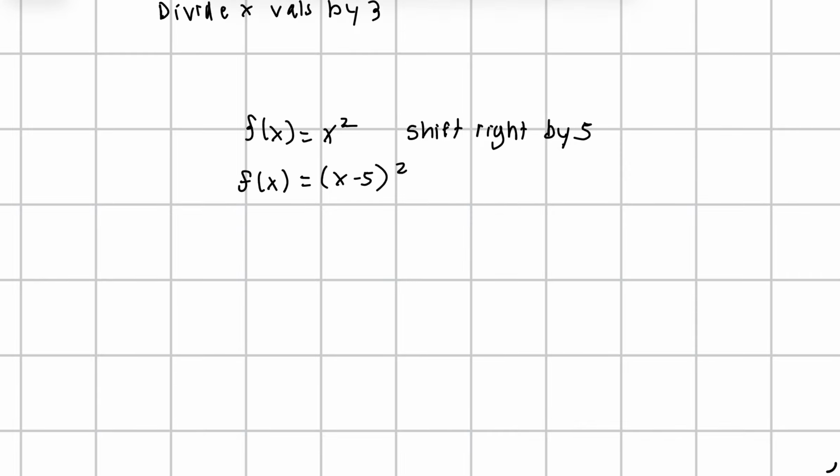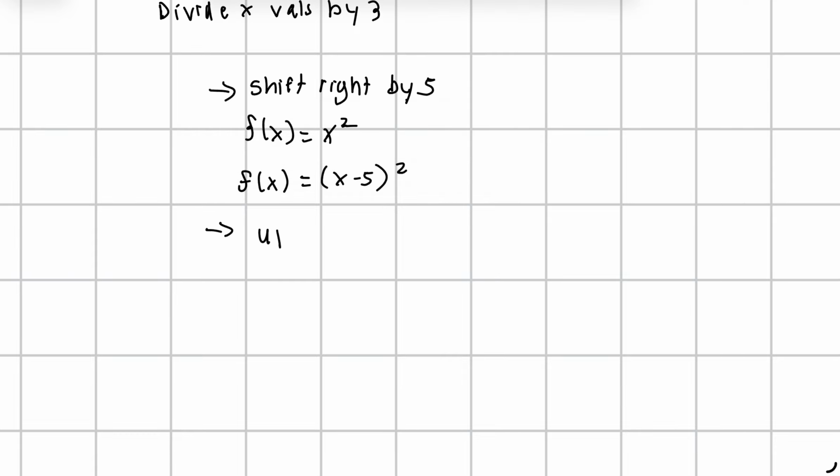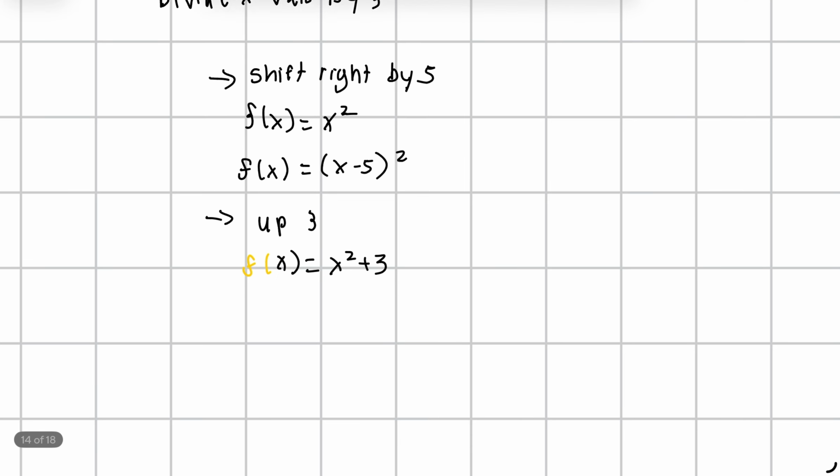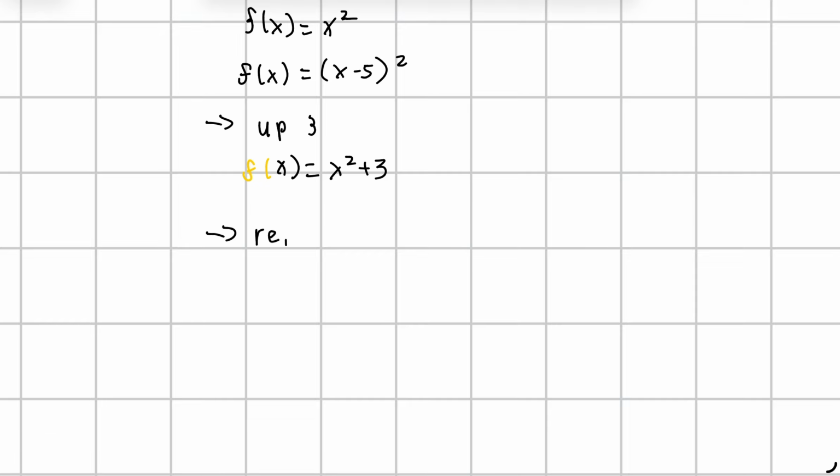Now, let's say we have a question that asks us to go up 3. You're going to do this on the outside. This is vertical. This is f(x) equals x squared plus 3.